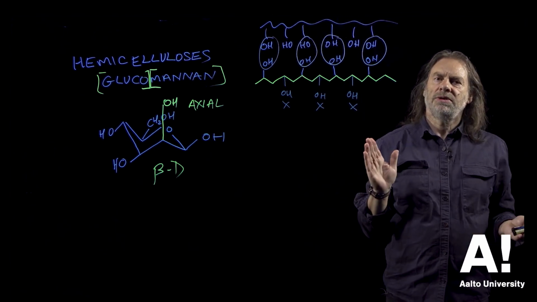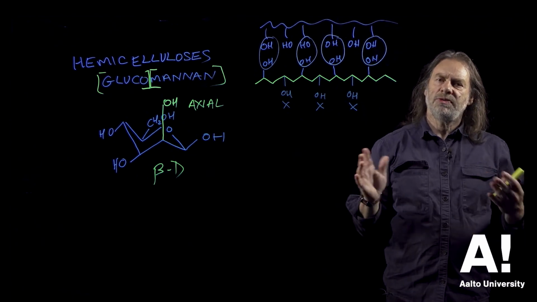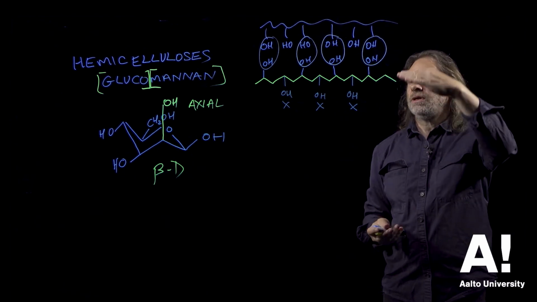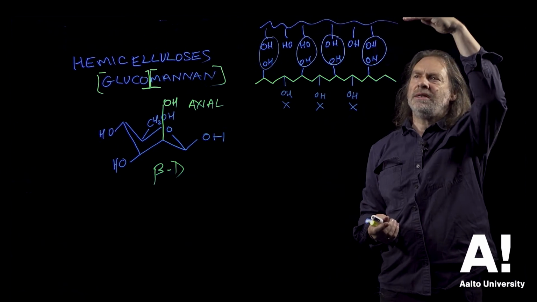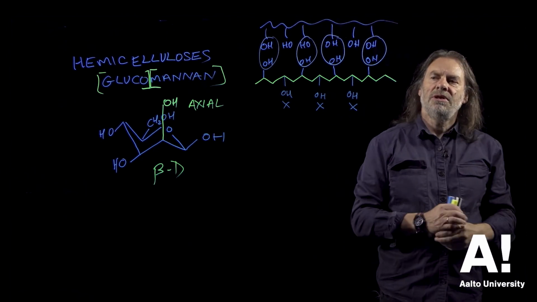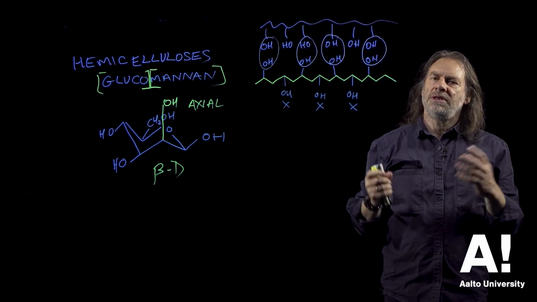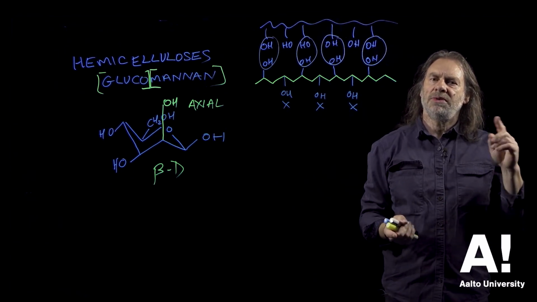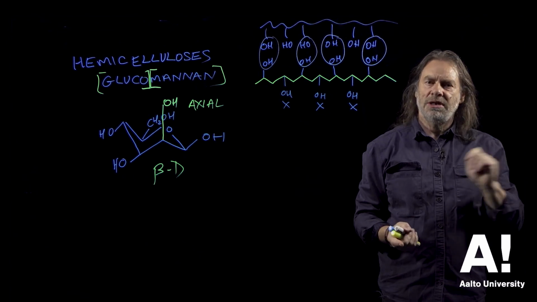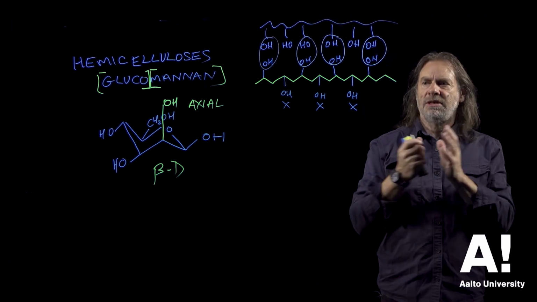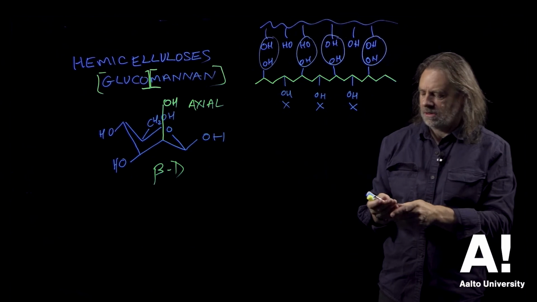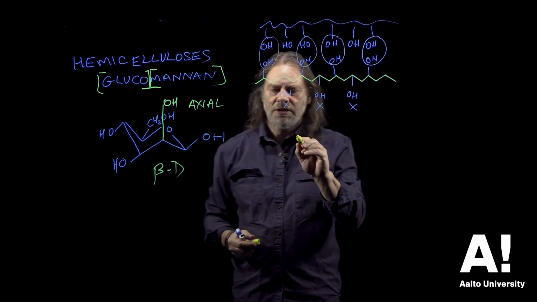So that has a consequence, and the consequence is that the bond is weaker. So the bond between a Glucomannan backbone and cellulose surface, the hydroxyl-rich surface on the microfibril, is not as strong as the bond between the cellulose chains, the adjacent cellulose chains inside the molecule. So what does that mean?